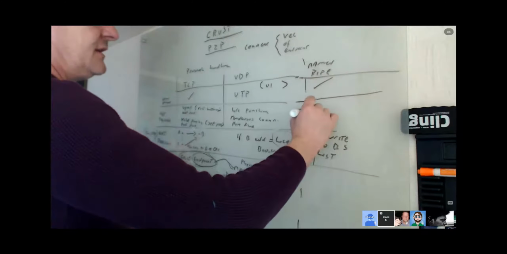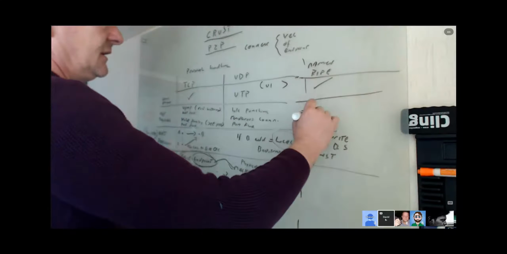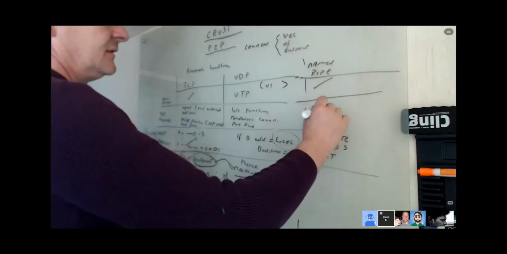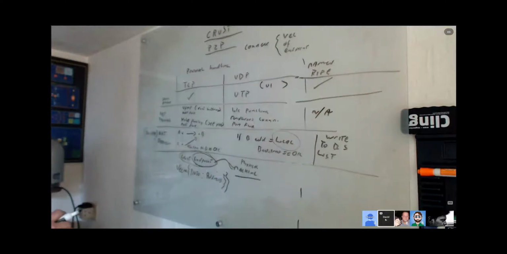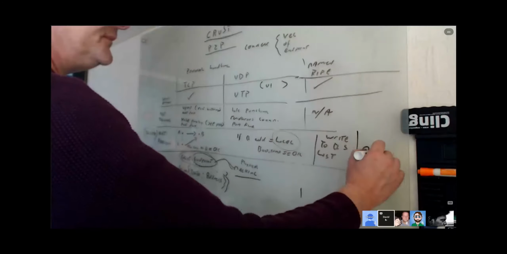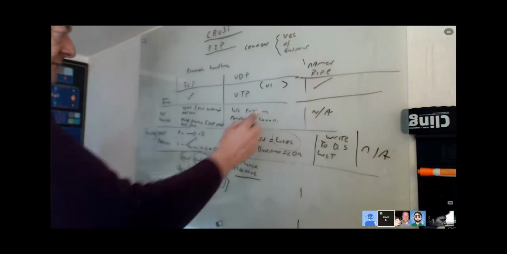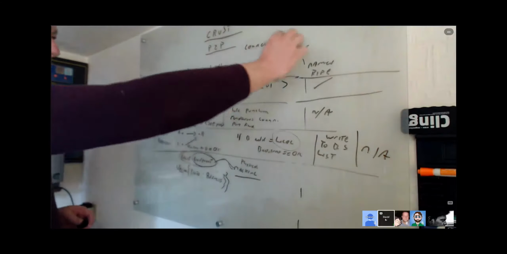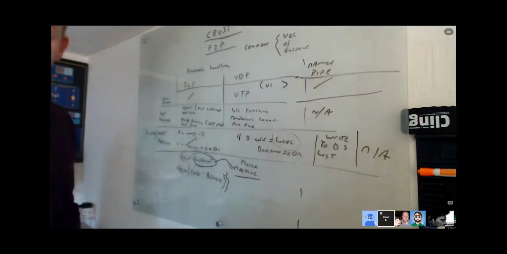We don't need that. And that's not applicable as well. But CRUST should be able to add protocols as we go along.